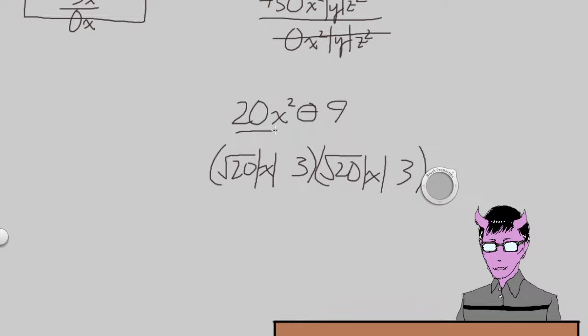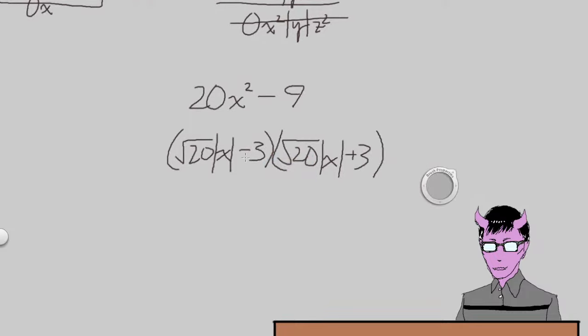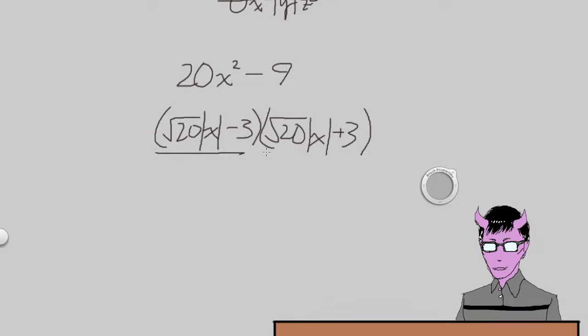The negative between term number 1 and term number 2 tells us that the two signs must be different. So minus and positive. I think we could drop the absolute values. Because if this is a negative value and this is a negative value, when you distribute, it's going to become positive again. If this is positive times positive, then it's still going to be positive. So I don't think you typically need to write the absolute values, because this term and this term are going to interplay with each other.